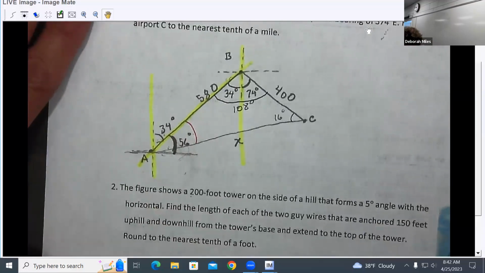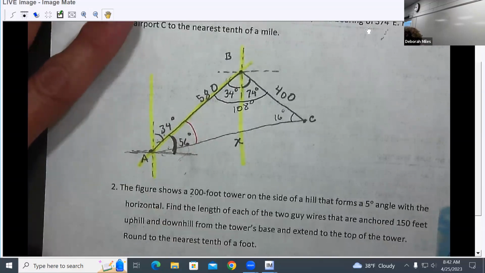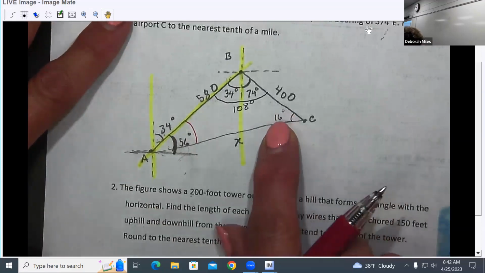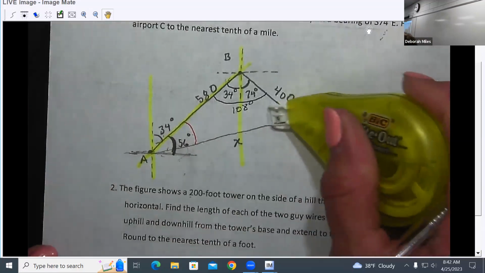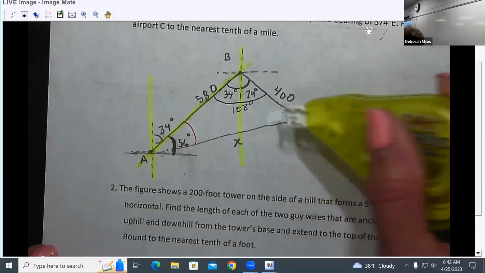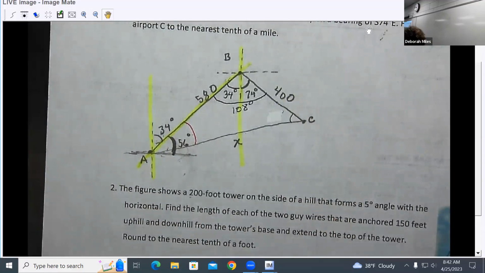Okay. So that's not 16. Okay. Whew. So what do I know? Do I know one side and an angle opposite it?